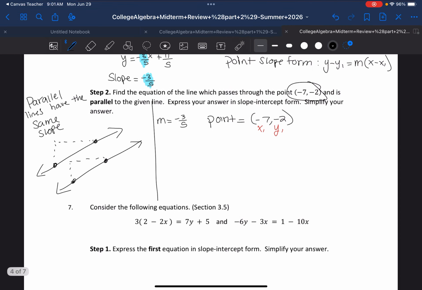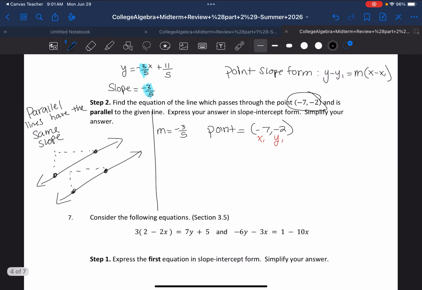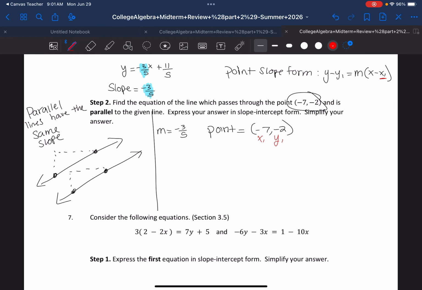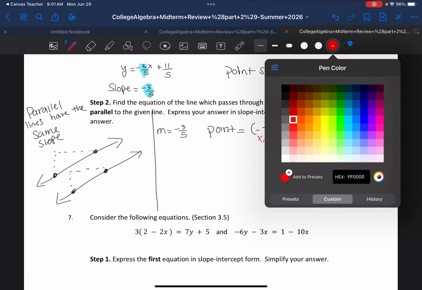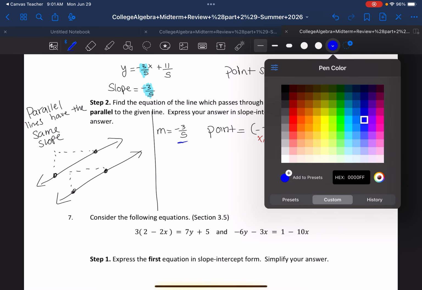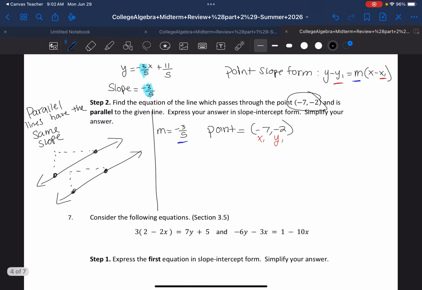X always comes first, so -7 would be my x1, which is what I would plug in here. And -2 would be my y1, which is what I would plug in here. And then the slope, which is m, is what I plug in for my m here. So that is how you find an equation of a line if you have a slope and a point on the line.